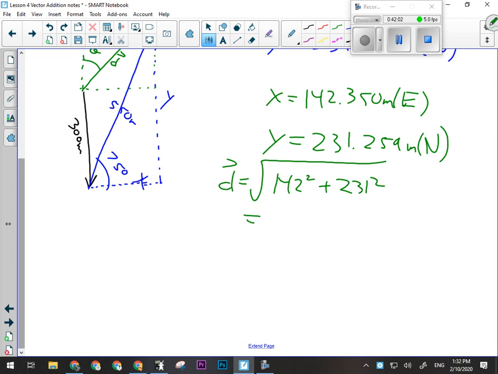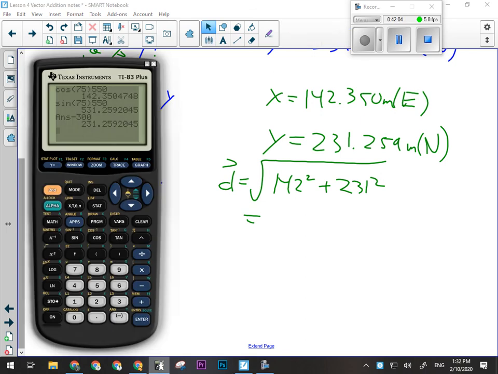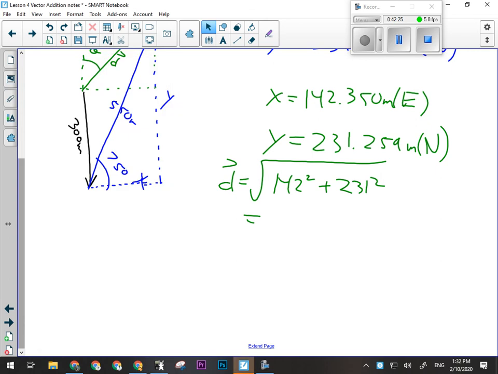I'm just shortcutting so I don't write it all down. So we've got 142.3504748 squared plus our answer from the last one squared. So our overall displacement's 271.559 meters.